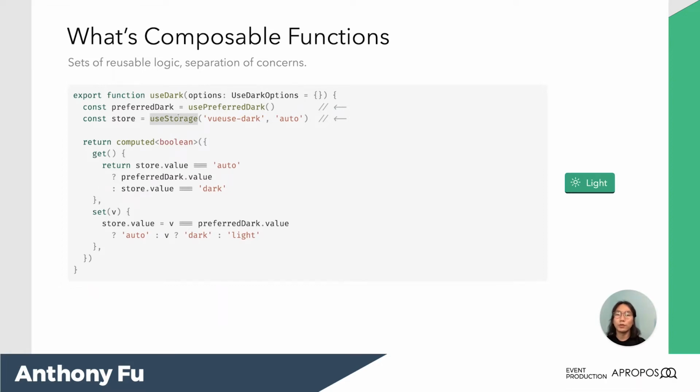They will return two refs reflecting their states. Detailed things like monitoring media query changes and the timing to read and write the storage adapt to them. And all I need to do is to logically compose their relationship into a single ref. You can see the full code or directly use it in VueUse with the links below.